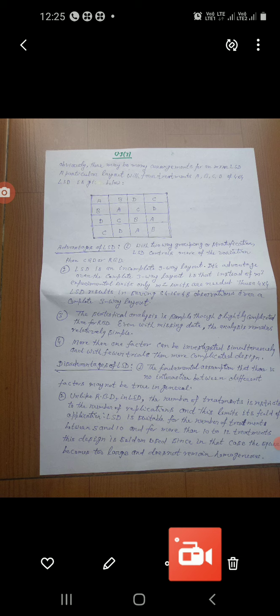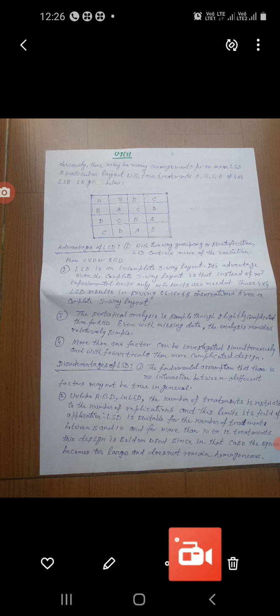For example, if one or two blocks in a field are attacked by some disease, then in RBD we can easily omit the data for these blocks without complicating the analysis at all, whereas a much more complicated analysis is required for LSD.